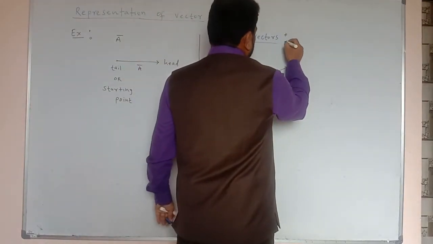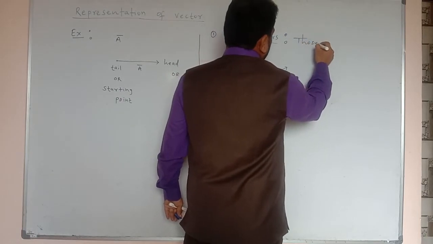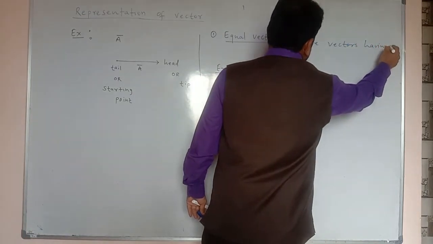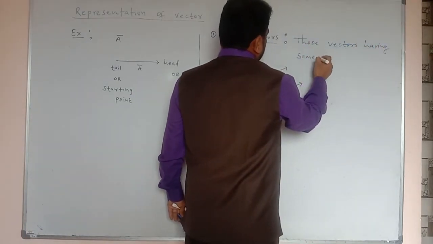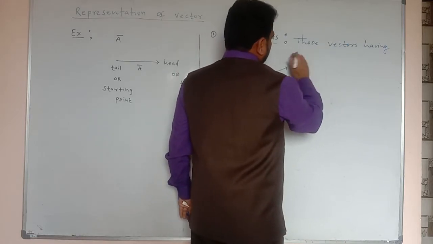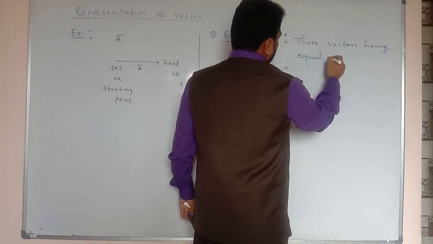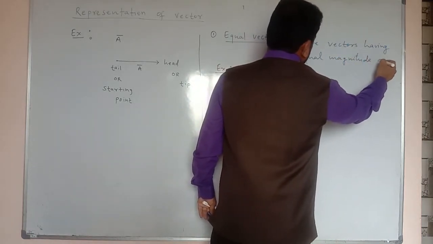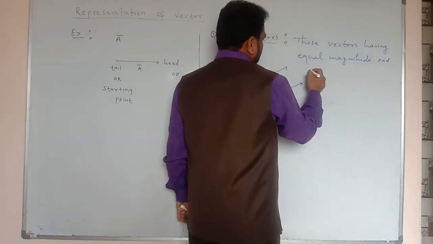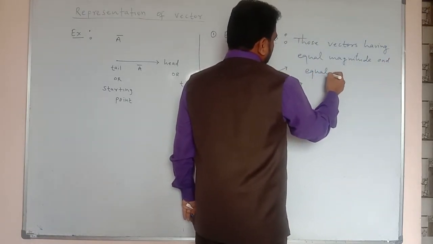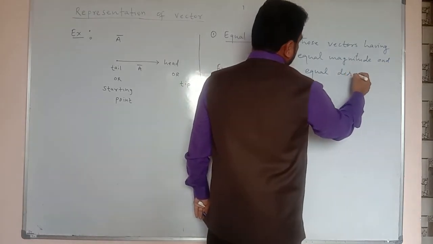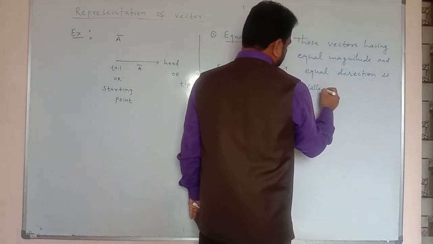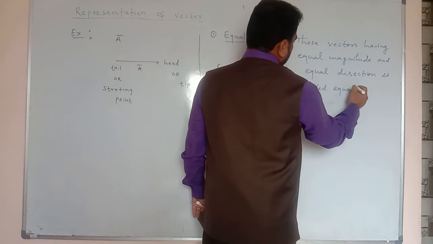So those vectors having same direction and equal magnitude are called equal vectors.